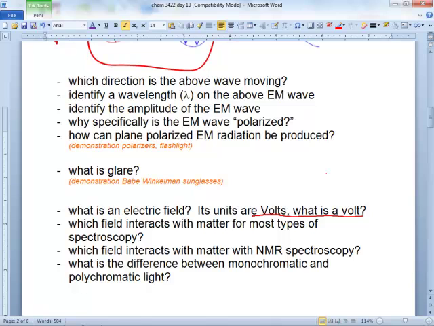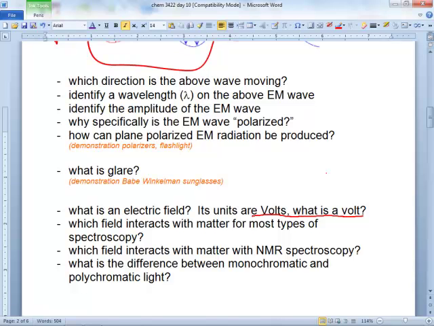Which field interacts with matter for most types of spectroscopy? Which one would you guess, John? Not magnetic, electric. Yeah, electric. FTIR, talking about oscillating dipoles, and we'll get to that.